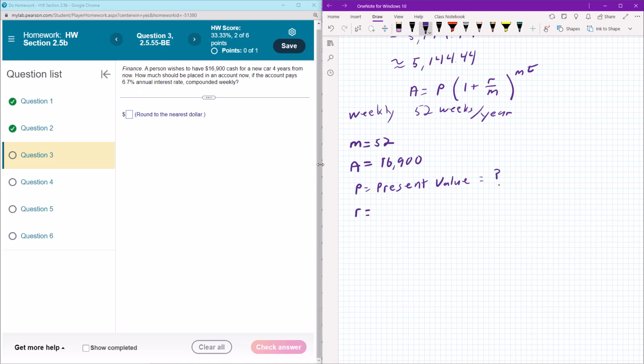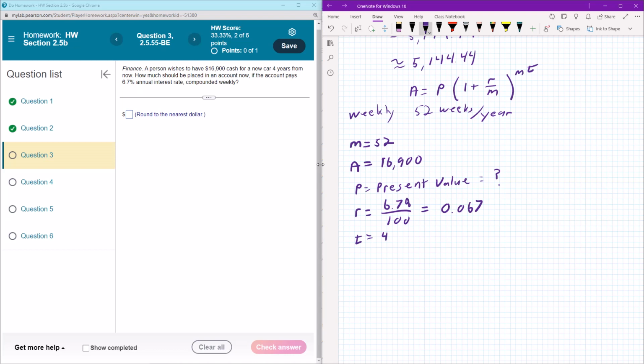R is our interest rate as a decimal. That is going to be 6.7% divided by 100. Yes, that's supposed to be a percent sign. And that will give you 0.067 as a decimal. Okay? And then T is 4 years. So T is equal to 4.